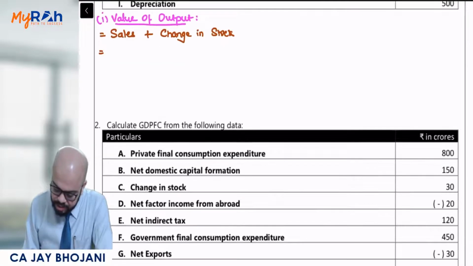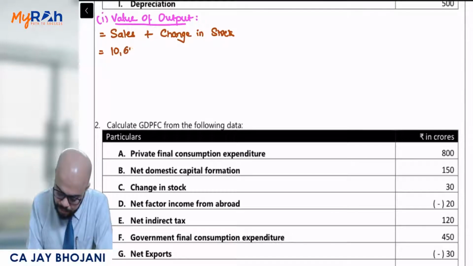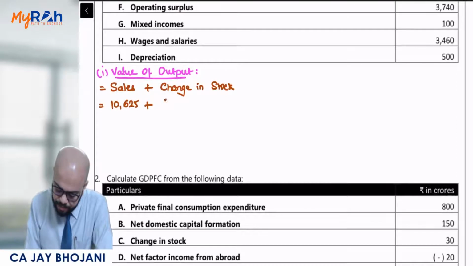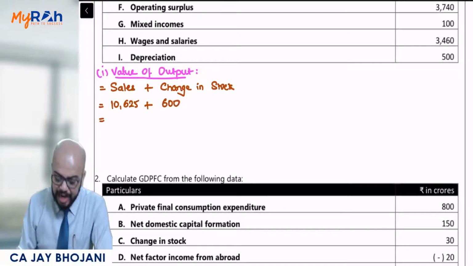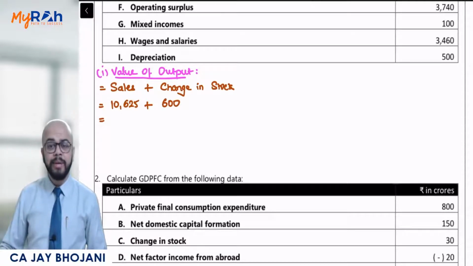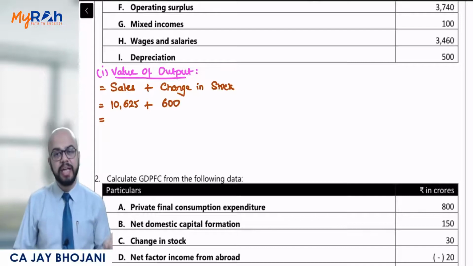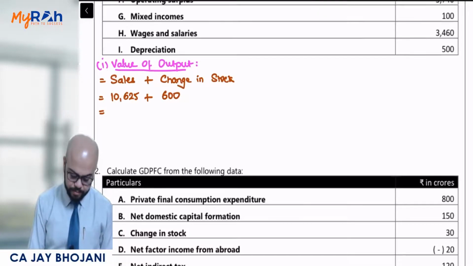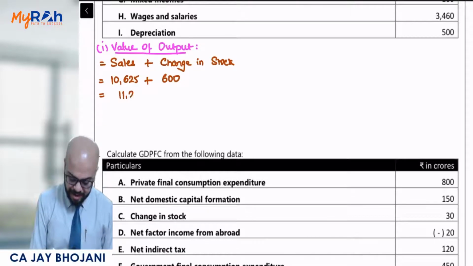Sales is 10,625 and change in stock is 600. I am adding it because it's an increase. Had it been a decrease, I would have subtracted it, okay? 10,625 plus 600 will give me 11,225. So 11,225 crores is your answer to the first part.